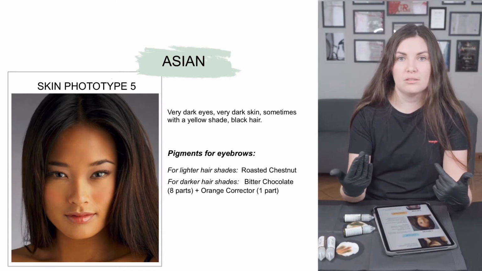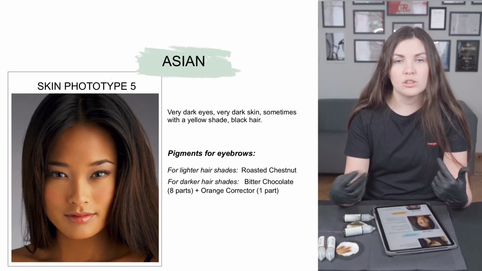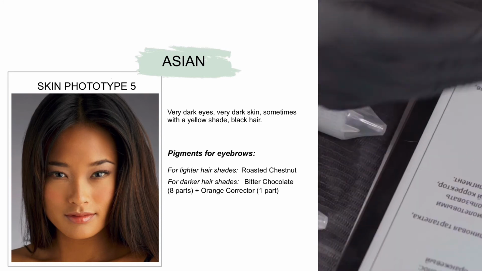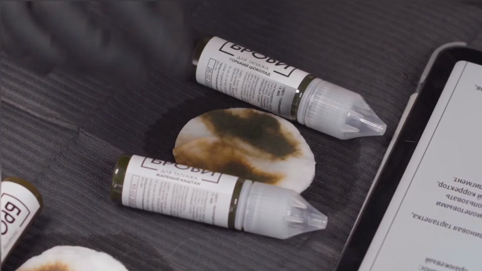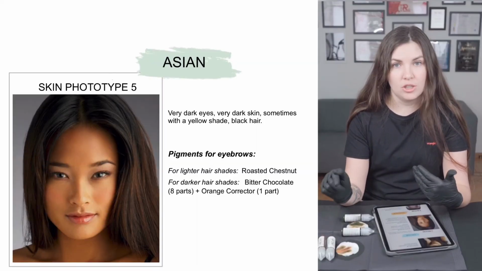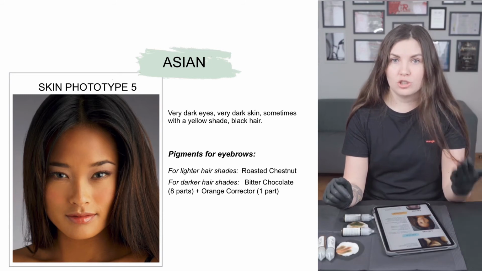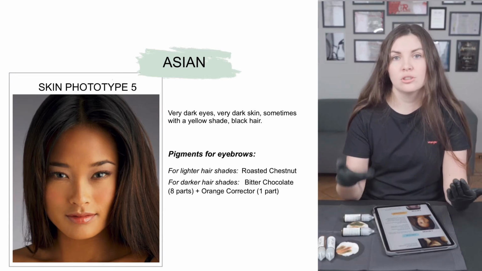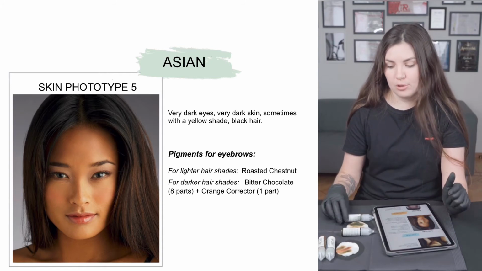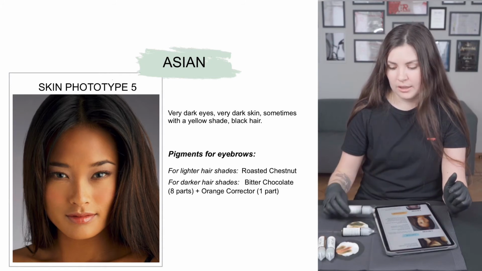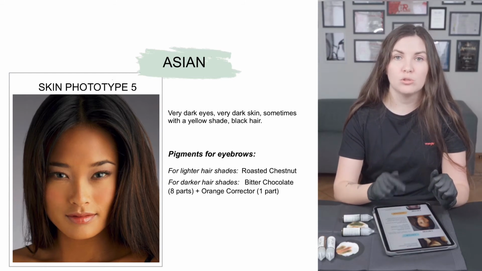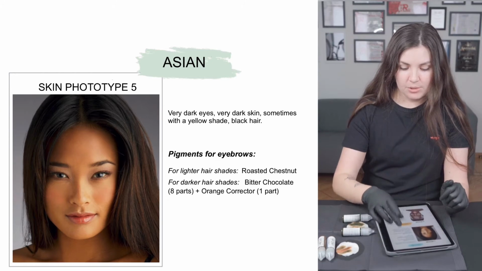Because their skin already has a lot of red pheomelanin and black eumelanin, which means that we need to add yellow. We use pigment with yellow base or take a darker shade pigment, let's say roasted chestnut, and add to it a drop of yellow corrector, not orange. So, for yellowish skin, orange corrector, for reddish skin, yellow corrector. It's simple. And for clients like this, we never use our darkest pigments, like bitter chocolate. It is suitable only for light colored clients because it has a lot of black color pigment in it.